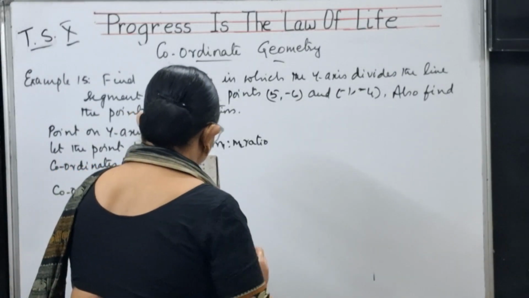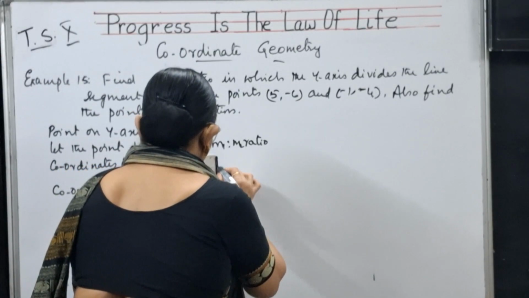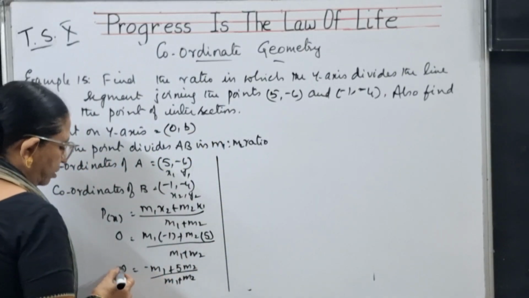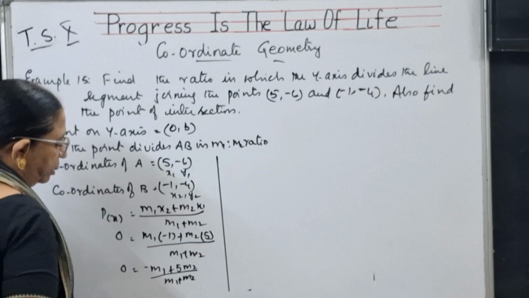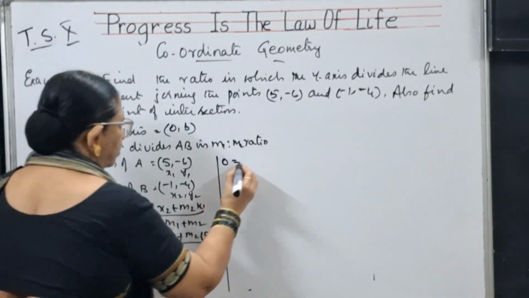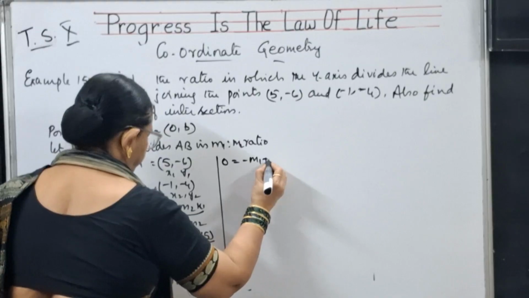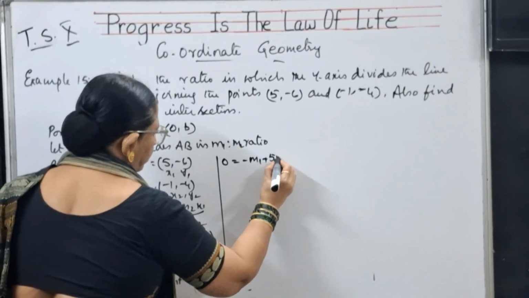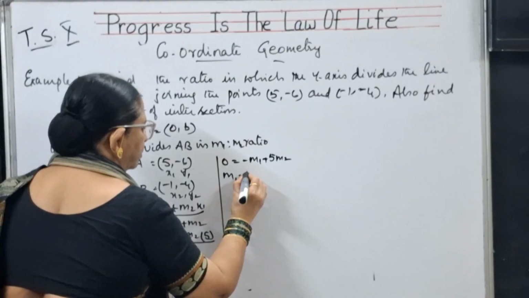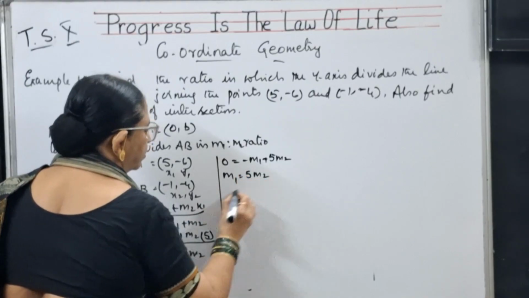So what can I do, children, here? Cross multiplication: 0 into (m1 plus m2) is nothing but 0 only. So 0 is equal to minus m1 plus 5 m2. So bring this m1 here: m1 is equal to 5 m2.